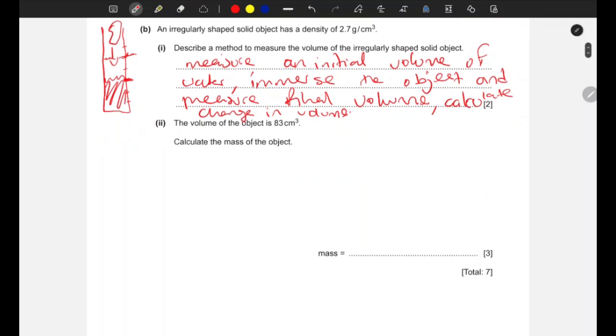Part 2. The volume of the object is 83 centimeters cubed. Calculate the mass. So we know that we have a density of 2.7 grams per centimeter cubed, and that density is mass over volume. So to find mass, we can rearrange to make it mass equals density times volume.